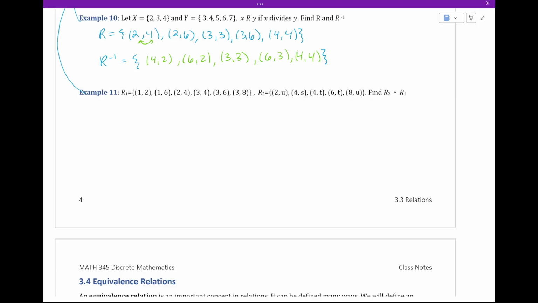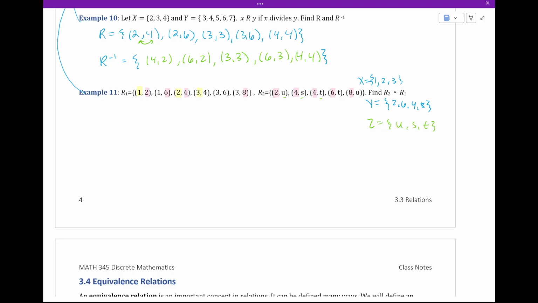So here X is {1, 2, 3}, and Y is {2, 4, 6, 8}, and Z is {U, S, T}.